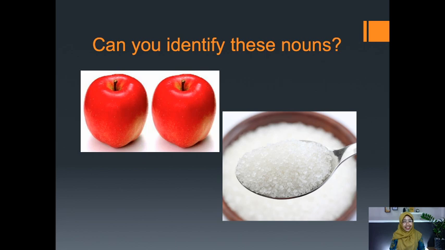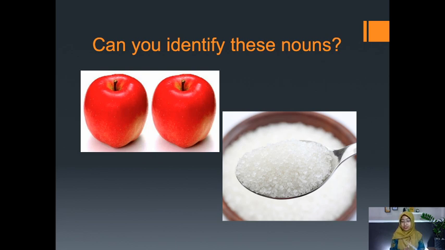Okay, I think everyone here can count the apples directly. You will see 2 apples. It is impossible that you say, I see only 1 apple. Impossible, right? Because there are only 2 apples. You can directly count the apples. 1 apple, and then on the screen, we see 2 apples.